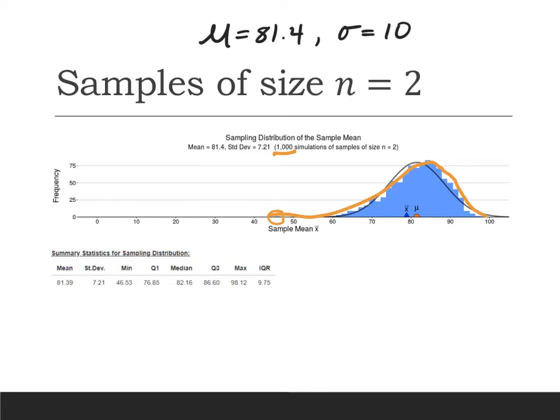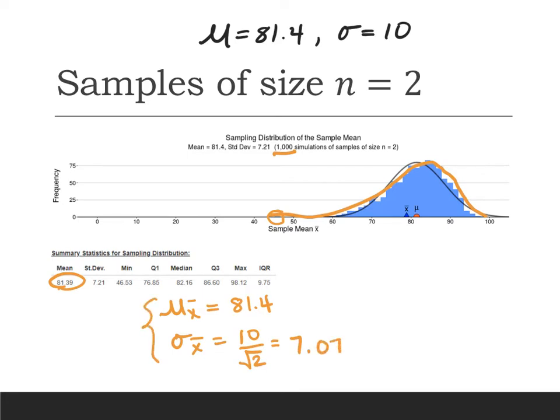But my mean of my sample means should be 81.4. And in fact, if we round to 1 decimal place, it is. The standard deviation of my sample means should be 10 divided by the square root of 2. And when I calculate 10 divided by the square root of 2, I get 7.07.